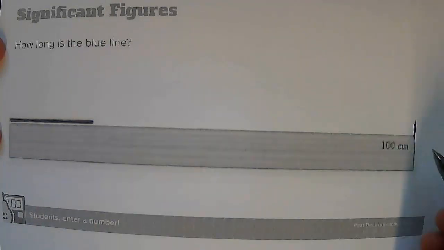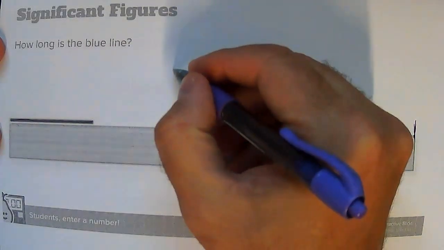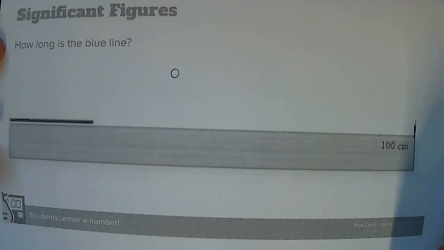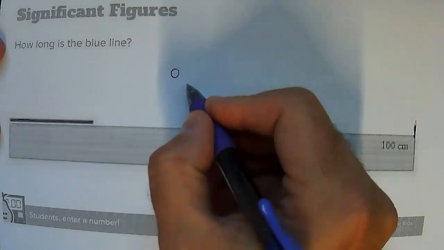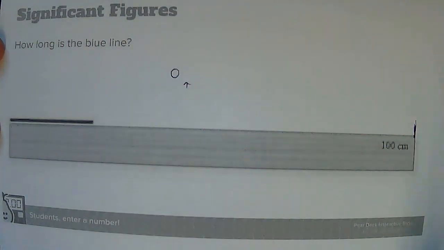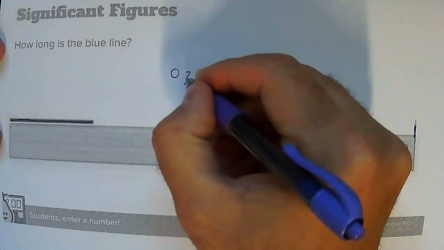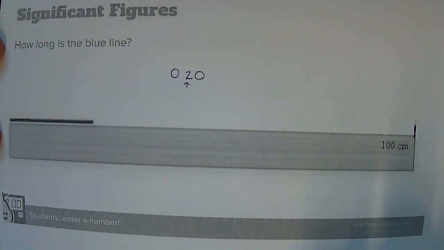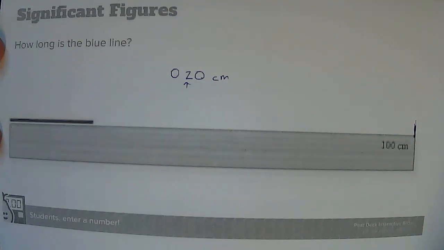So the only certain value that we have is in the hundreds spot, it's a 0. Then we estimate one place beyond, one extra spot, and that extra spot we would say is like a 20, and we have to put that 0 there just as a placeholder. So we're going to say that this is about 20 centimeters.